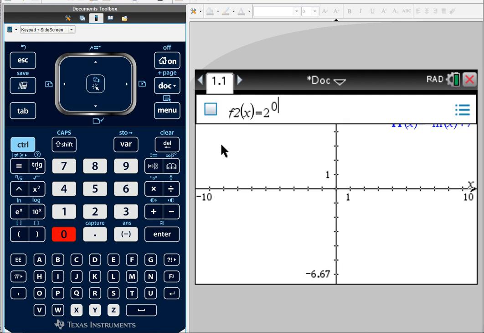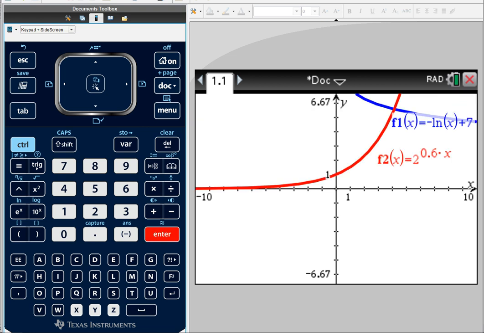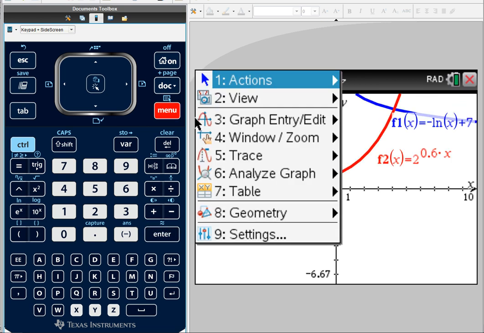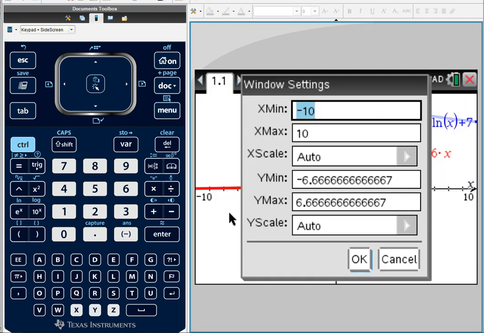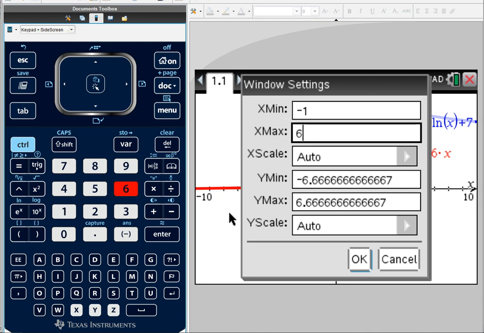Here you don't need the parentheses because it already puts the whole thing up in the exponent. Enter. And then you can change your window size, menu, window zoom, window settings. So let's change it the same as we did for the 84. So we'll go from -1 to 6, x min and max, and y min -2 to 9.